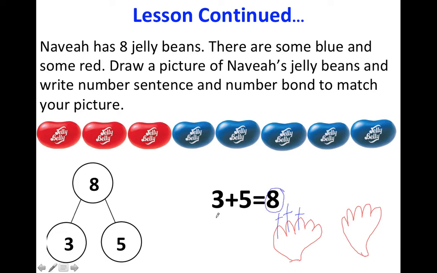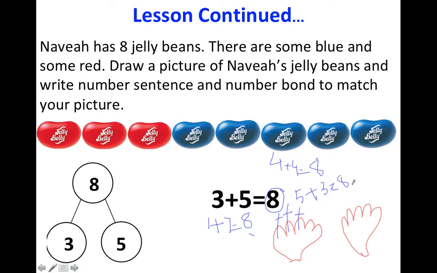Just like in the earlier problem, you can have 1 red jelly bean or 7 blue jelly beans. You can have 8, or you can have 4 plus 4, which is also 8. You can have 5 plus 3, which is 8. You can have multiple ways to make 8.